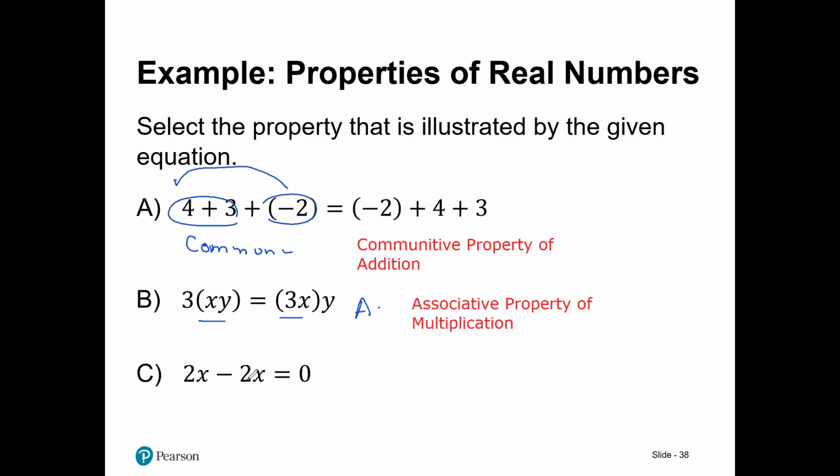We have 2x minus 2x equals 0. So if you remember this property, if I have 3 and I add negative 3 to it, it gives me 0. Well, that's the same property we have here. We have 2x plus minus 2x.